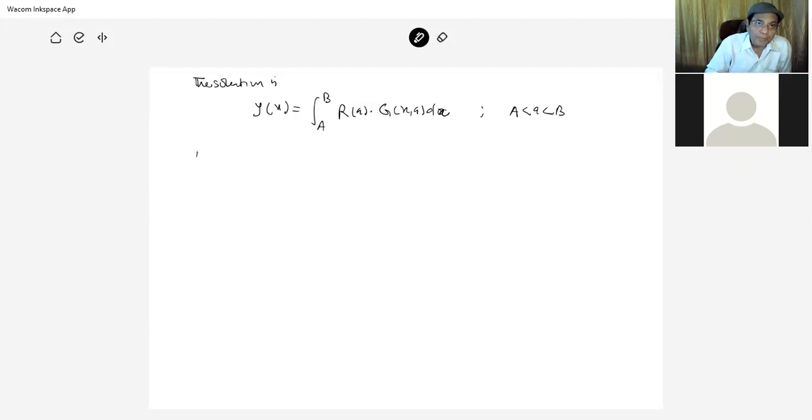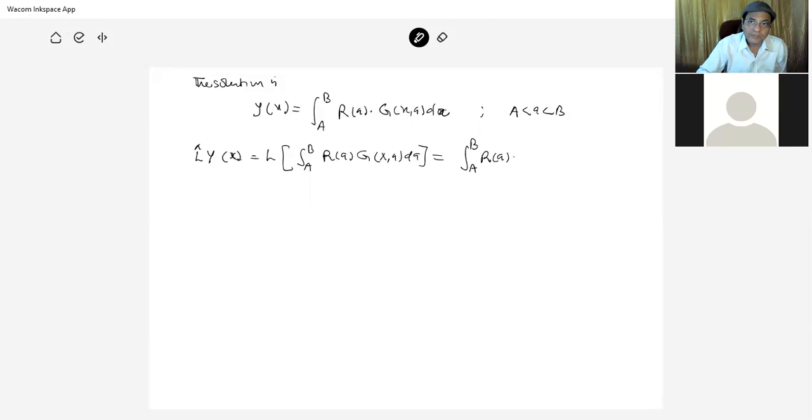So if you operate this differential operator L on the y(x), this value is L under which a to b r(a) g(x,a) dA. And then you find this is nothing but a to b r(a), because they have nothing to do, and here it is the operator that operates on the g(x,a) dA.